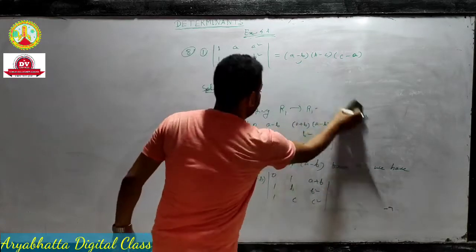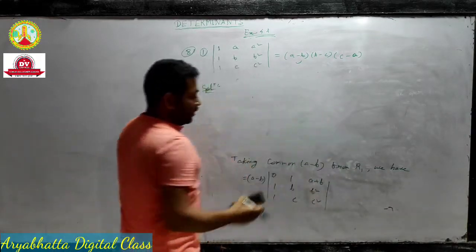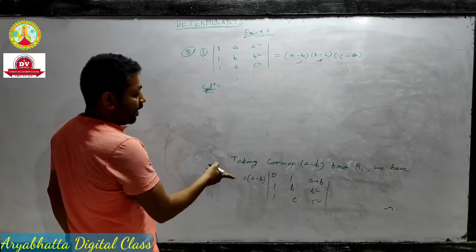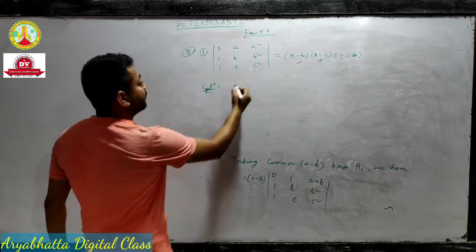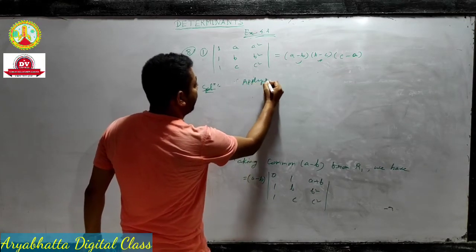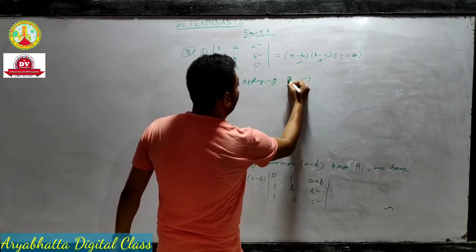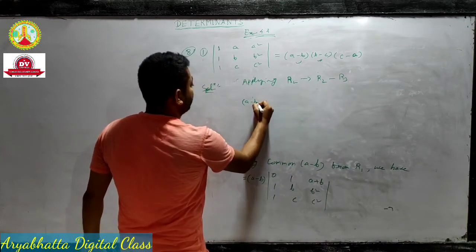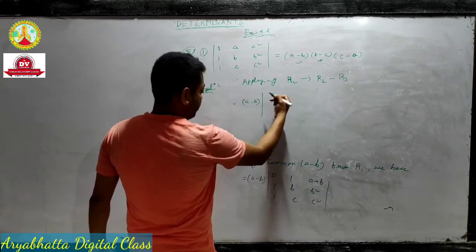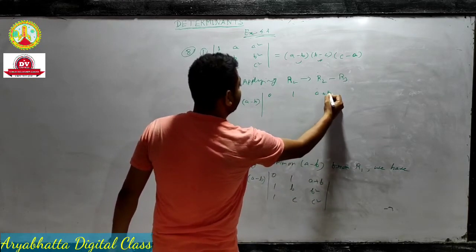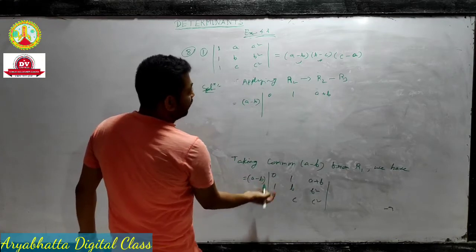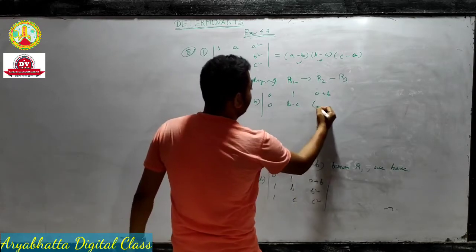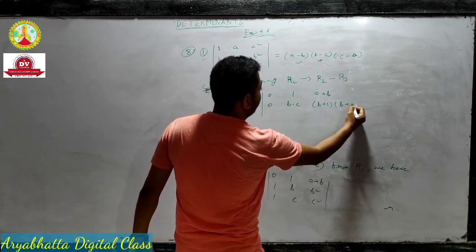Next, for this factor, applying R2 tends to R2 minus R3, then we have a minus b, 0, 1, a plus b, and R2 tends to R2 minus R3: 1 minus 1 is 0, b minus c, b square minus c square, which is equal to b plus c into b minus c.